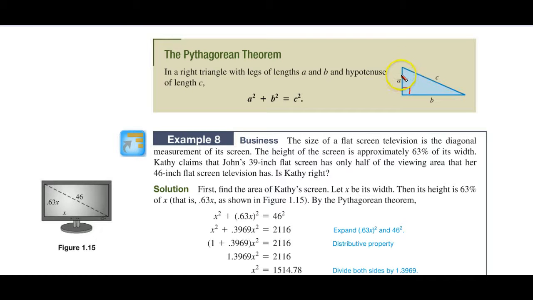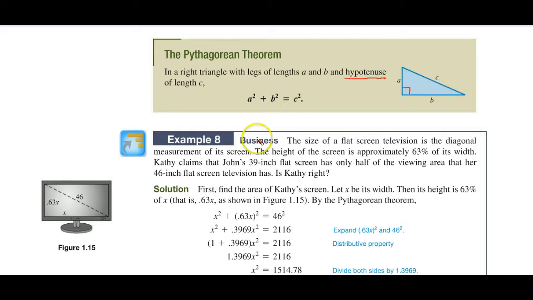And we talk about this leg. That's one of the legs of the right angle, A. That's the short leg usually. Then we have the long leg. And then the side opposite the right angle, we call that side C. But another name for that is the hypotenuse.